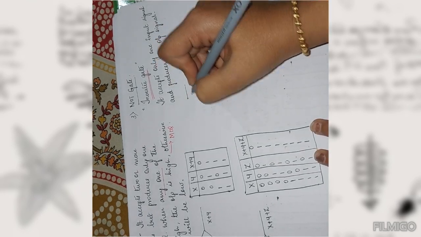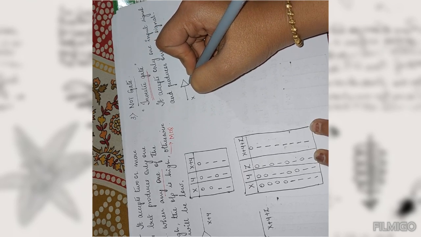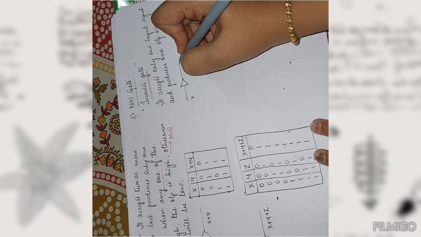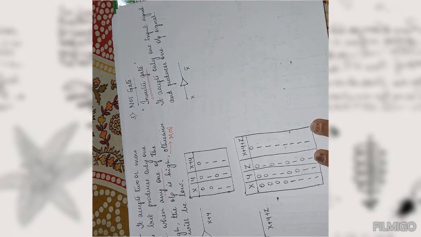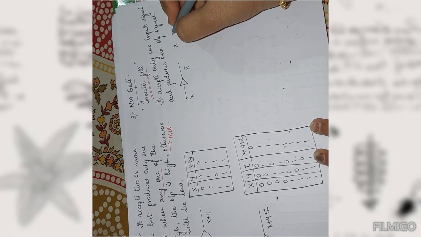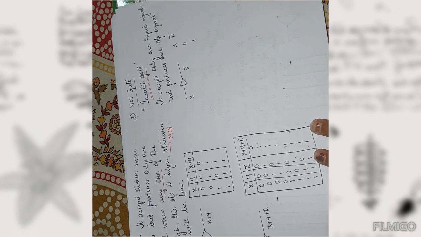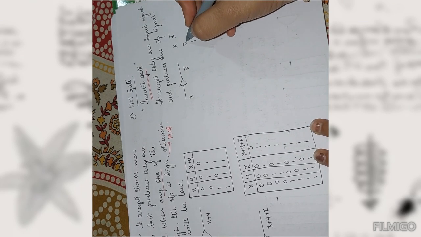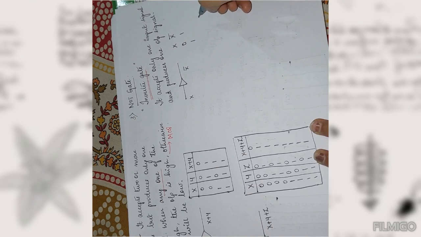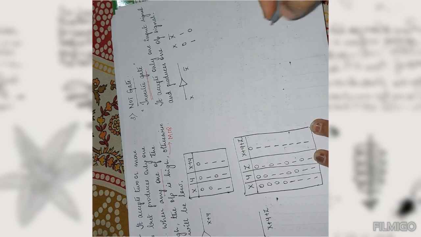The symbol for NOT gate is an inverted triangle. Always it will get the opposite of the input. In the truth table for NOT gate, since we have only one input signal, we have only two possible combinations of inputs, that is 0 and 1. When we have 0, the output will always be 1, and when the input is 1, we get output as 0.